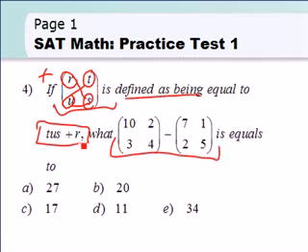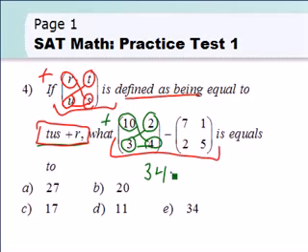So using this formula, we're going to evaluate this expression over here. So let's follow the formula over here. It's going to be 2 times 3, that's 6, times 4 is 24, and then plus 10, that's equal to 34. Then we have a minus.